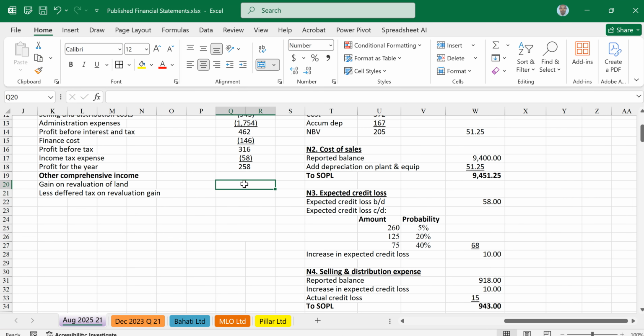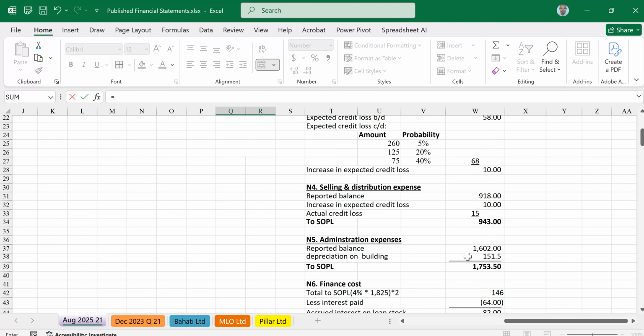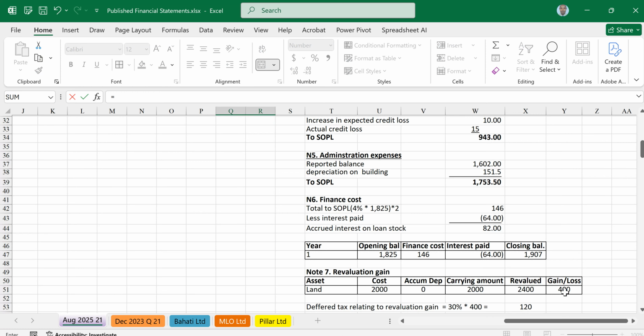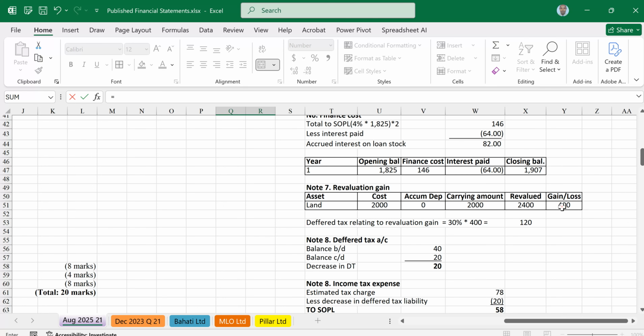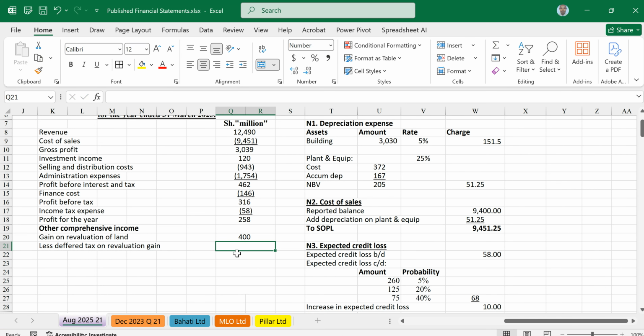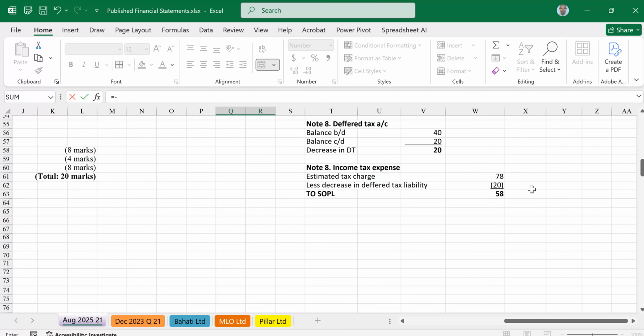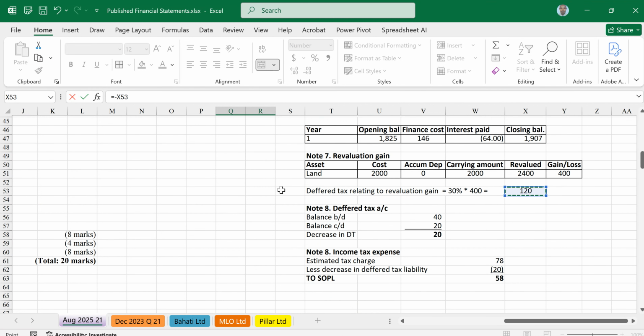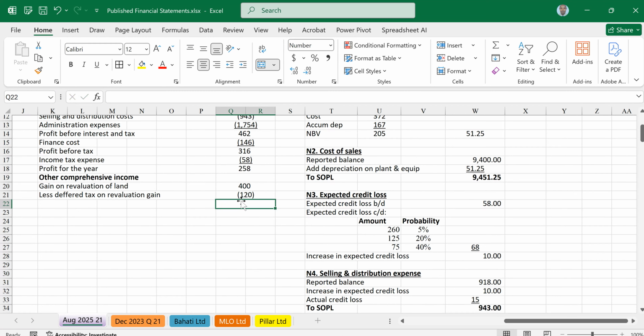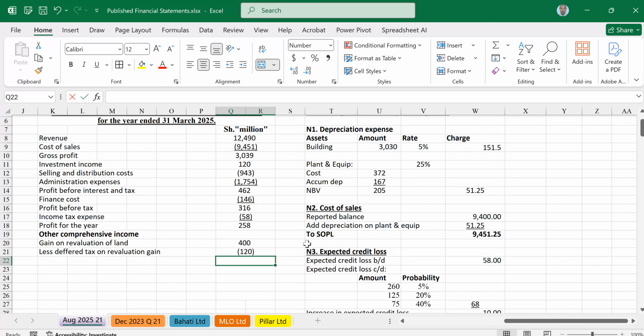So the gain on revaluation of land is 400. Deferred tax involved, the deferred tax is 120. That gives us a net amount of 280.